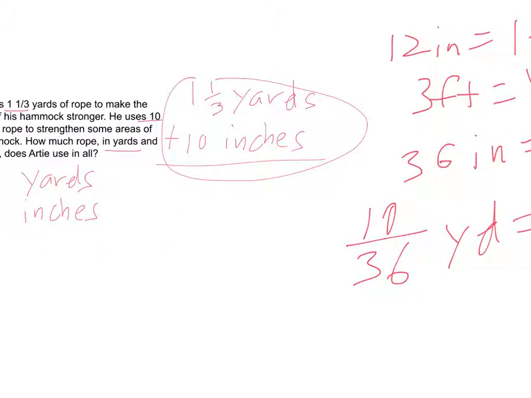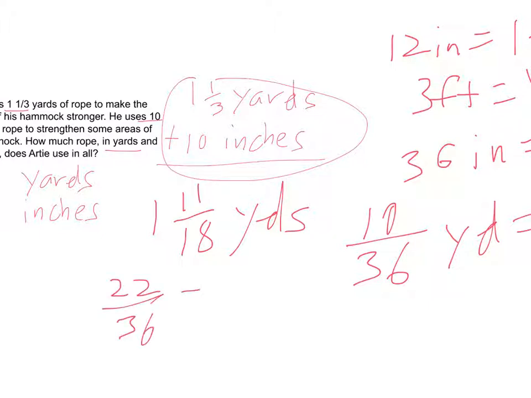So now in terms of yards, you would end up with 1 11/18 yards of string total. Now we have to go back to inches. With inches, we know that we had 22/36 of a yard, and that would equal 22 inches.